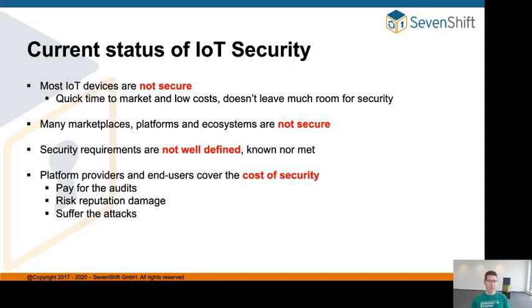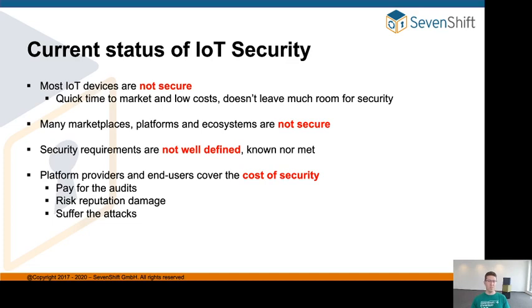One of the main reasons for that is that they have a quick time to market, so pressure to get the devices out of the door very fast, and they're pushing for low costs, especially in the consumer IoT area. And if you're doing things fast and without spending much money, you're not leaving much space for security.